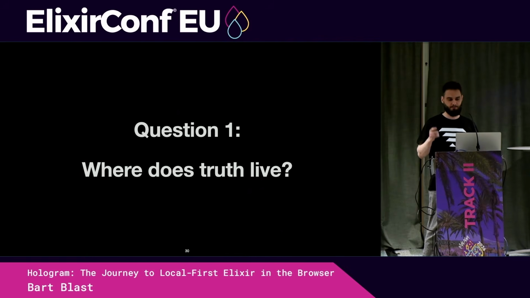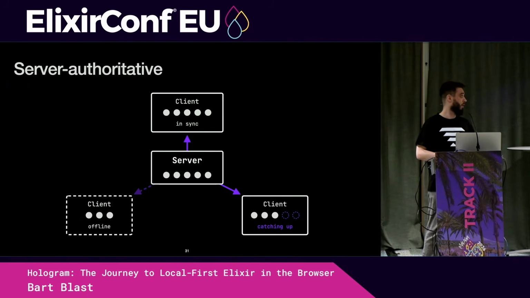2 camps. The server authoritative camp says the server is the source of truth. Clients can run optimistically, apply the write locally, the UI updates instantly, but the write isn't committed until the server accepts it. If it rejects the write, the client rolls back.